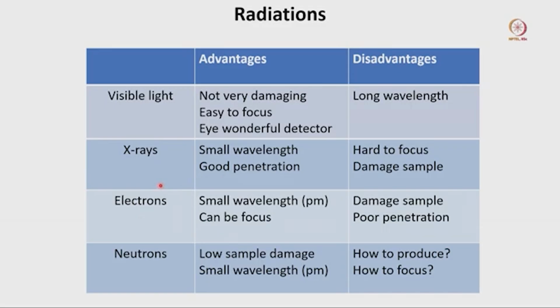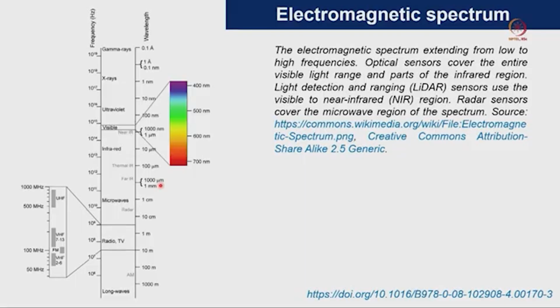Okay, next we want to discuss the electromagnetic spectrum. What is the electromagnetic spectrum? If you look at it, you can see it has different kinds of wavelength. Different types of rays come to the earth from the sun, and they have different wavelengths. Sometimes a 1000-meter wavelength is also there.